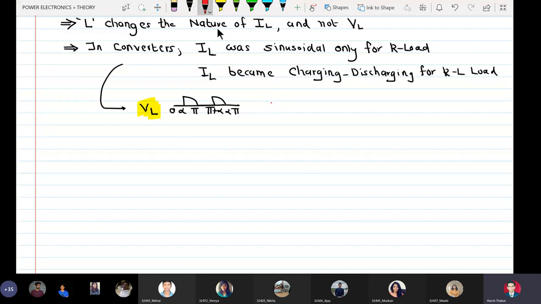And the nature of IL was something like this. It is non-sinusoidal. So this is what we meant by telling charging and discharging.